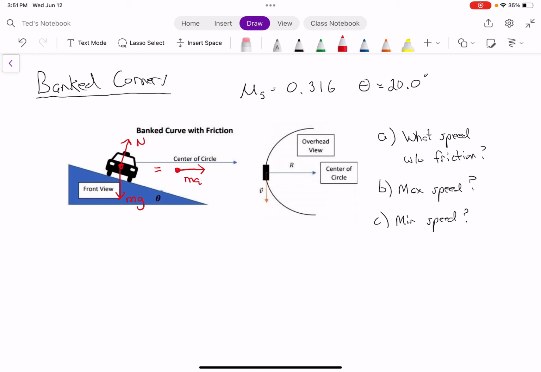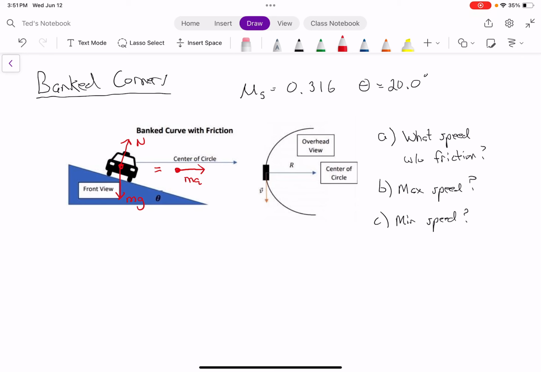So we're going to create a coordinate system. We've got 2 choices for the coordinate system.